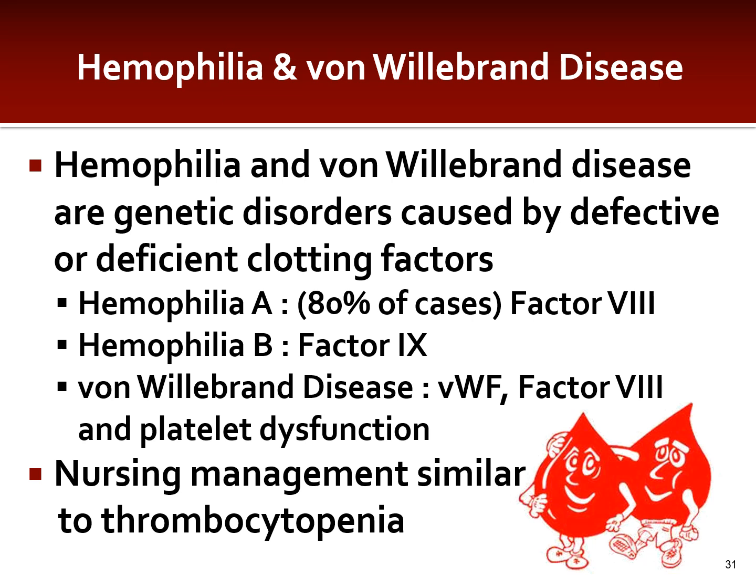The nursing management is going to be similar to that of thrombocytopenia. Like I said, they're going to be at a high risk for bleeding. So these factors that you see below there, your factor 9, your factor 8, and platelet dysfunction, this is how we are diagnosing these clients. They're going to have a deficiency in these factors, so your clotting factors.